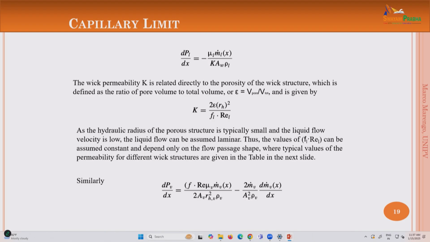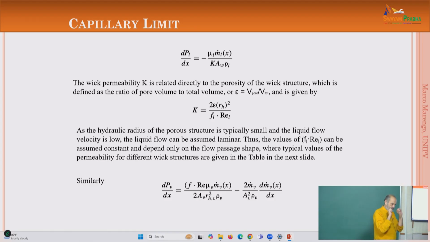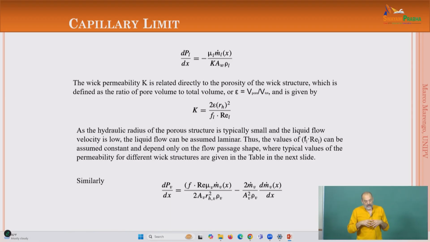The value of delta PL over x is equal to minus the viscosity of the liquid multiplied by the mass flow rate of the liquid inside the system divided by K, AW, and rho L. AW is the open area of the wick, and K is the so-called permeability, a value related to the pore size, the pore volume, in fact. It's a little bit rough, but it's okay.